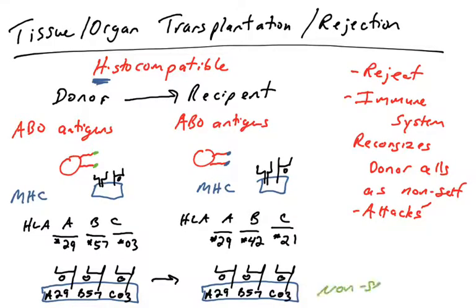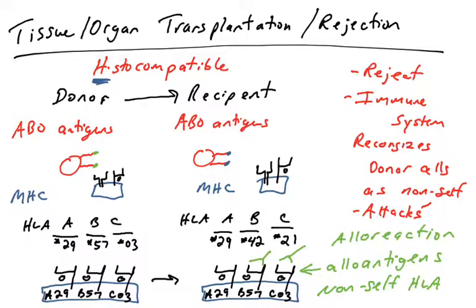So when the donor gives the recipient some cells, those cells might have MHC class 1 or 2 molecules on their surface that are slightly different than the recipient's HLA or MHC molecules. So if there are any non-self HLA molecules or MHC molecules present on the surface of the cells of these organs donated to the recipient, then it is possible that the recipient will generate antibodies that will bind these molecules.